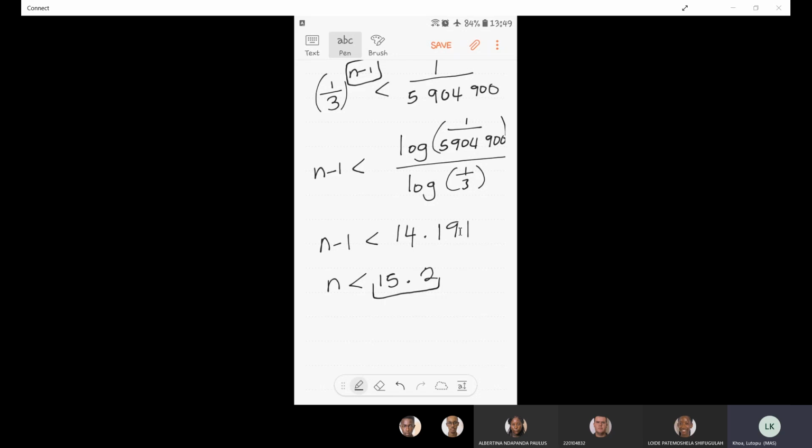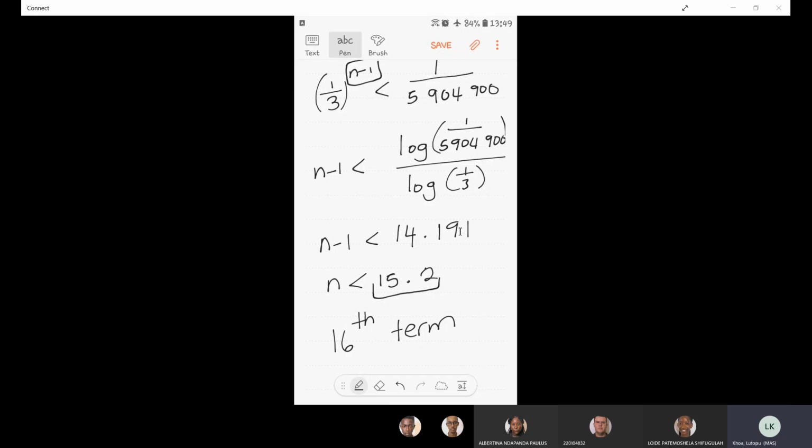So the nth term that we are looking for is term number 16. Okay, so that's how we would do that one.